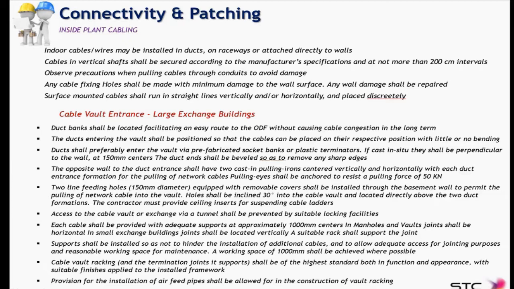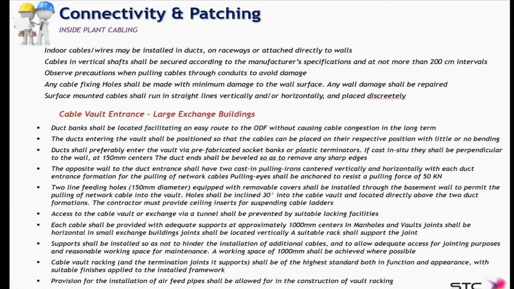The point here on the inside plant cabling is that inside plant cables are low smoke, zero halogen or plenum rated cables. In order to transition from the outside plant to the inside plant cables, there is something in between, particularly in large buildings and exchanges, called a cable vault.